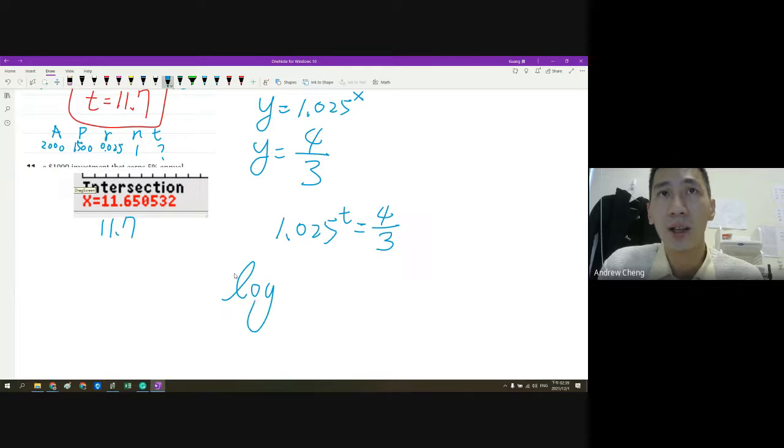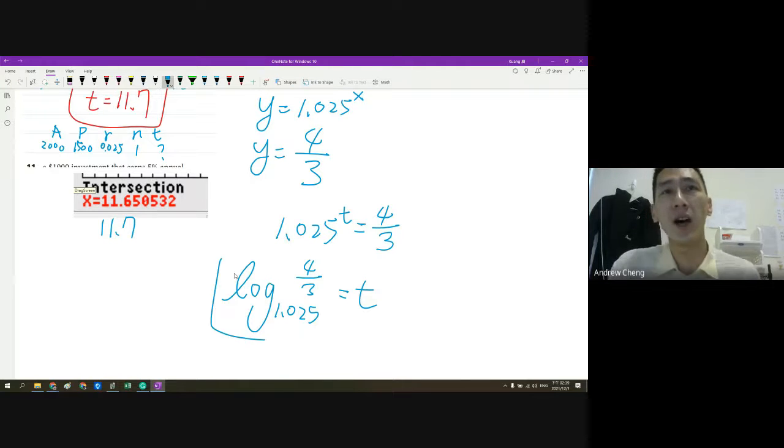The base is always the same. So your base is still 1.025, and log of 4/3 equals t. So if I can use the calculator to find the value of this, I can find t much faster.